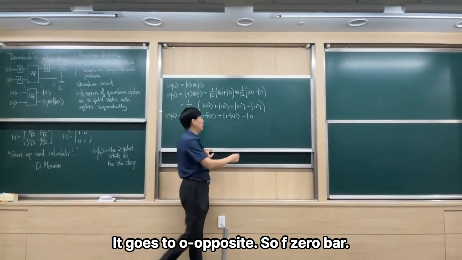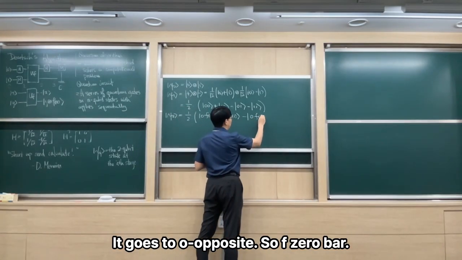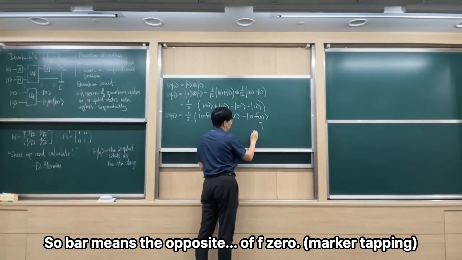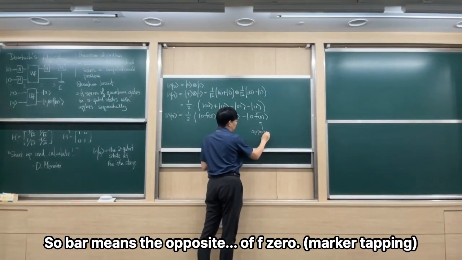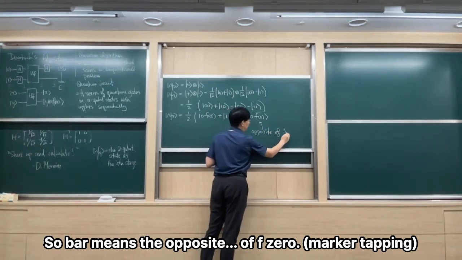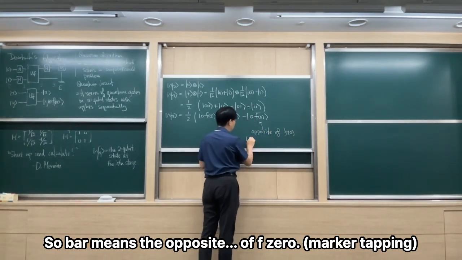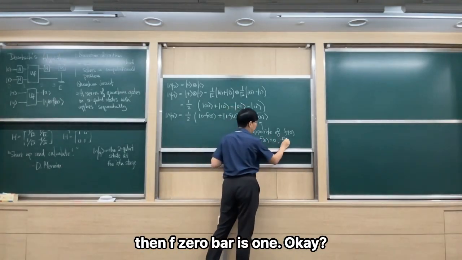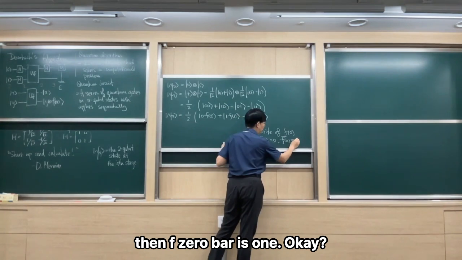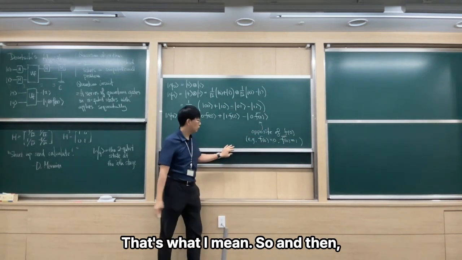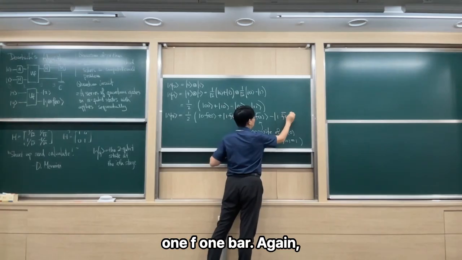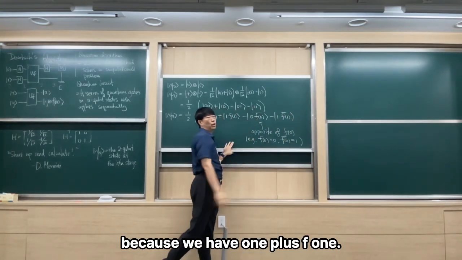It goes to the opposite. So F0 bar. Bar means the opposite of F0. If F0 is 0, then F0 bar is 1. That's what I mean. And then 1, F1 bar, again because we have 1 plus F1.